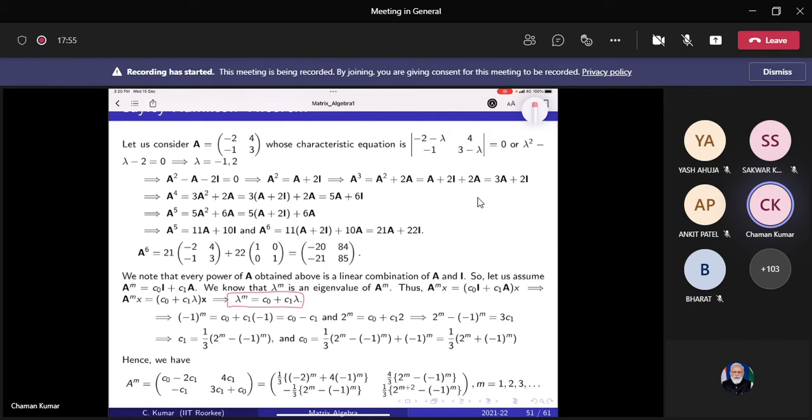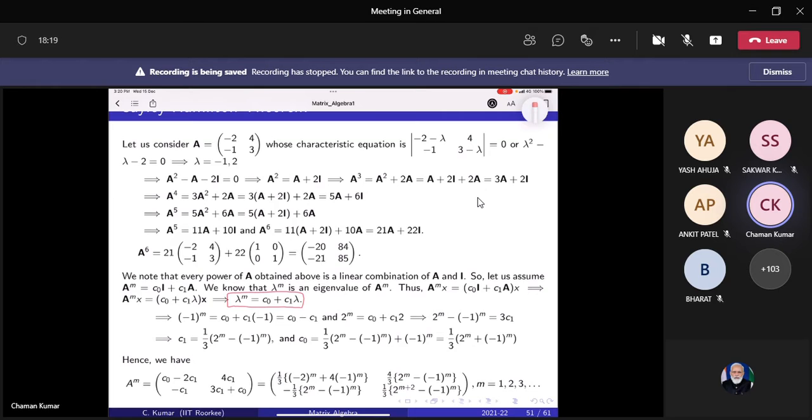Now we have two unknowns, C0 and C1. If we are able to find two equations corresponding to these two unknowns, then we can solve these equations.